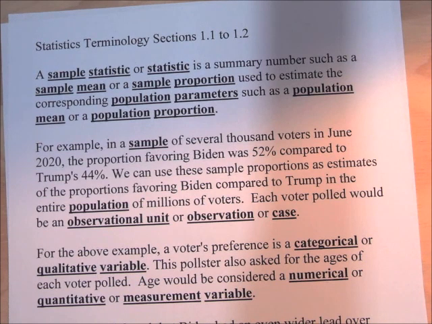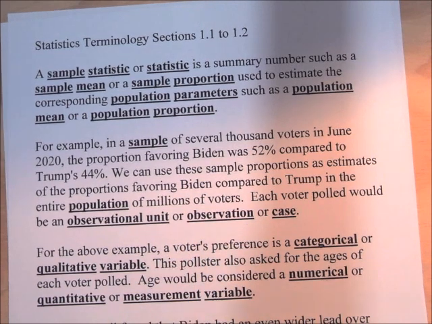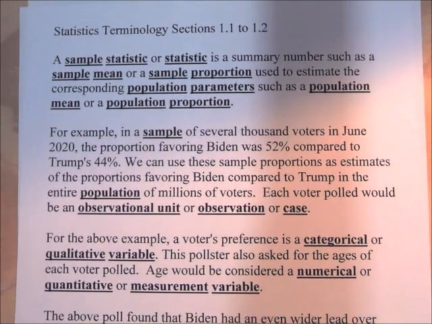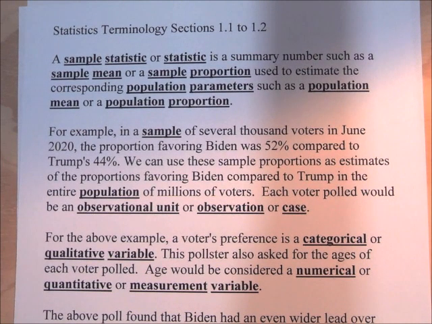Each voter polled would be an observational unit, or an observation, or a case. In the above example, a voter's preference is a categorical or qualitative variable. Trump and Biden are not numbers. If the pollster asks a voter, who do you prefer, Trump or Biden, those are not numerical answers.